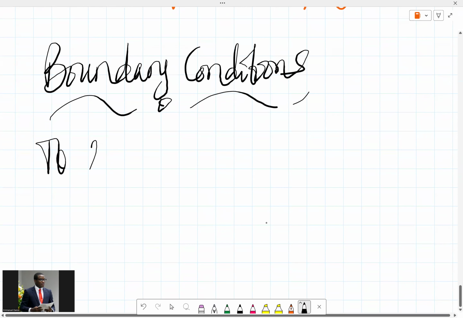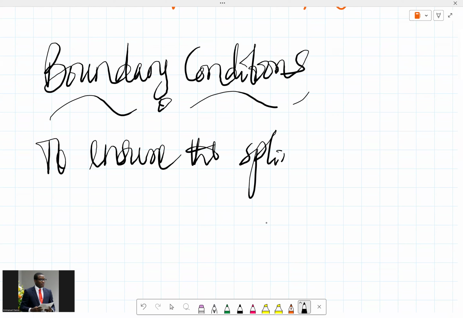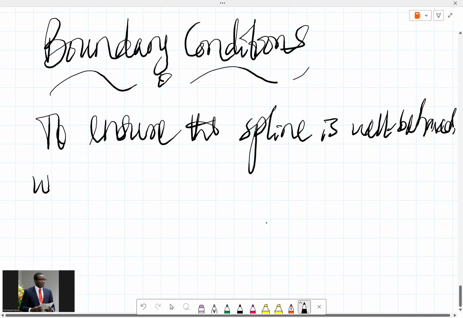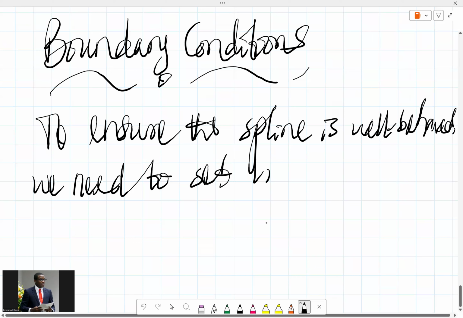So here now, to ensure the spline is well behaved, we need to set boundary conditions.